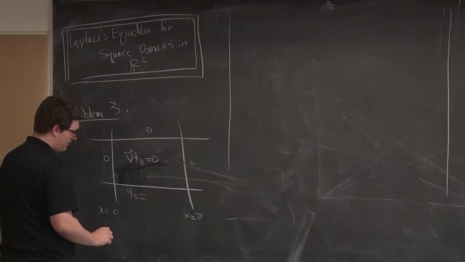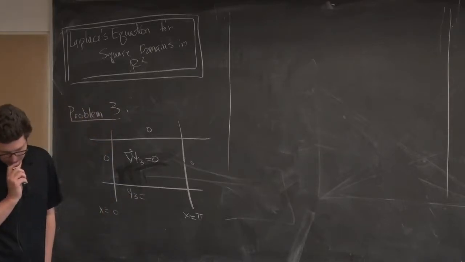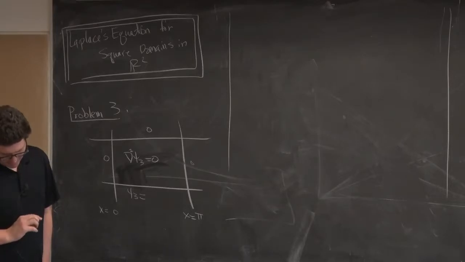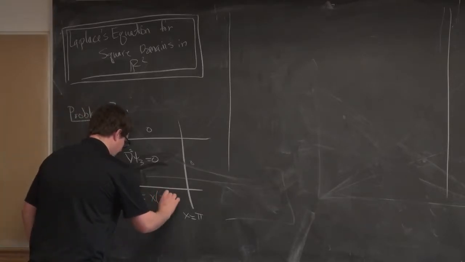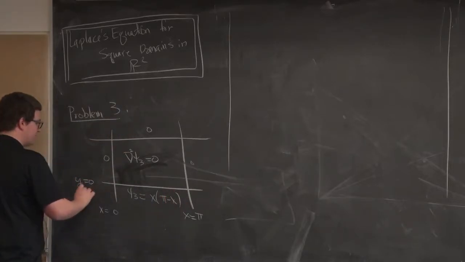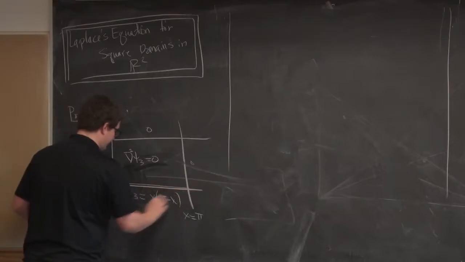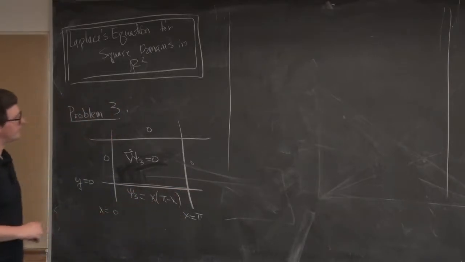We have to specify this for x, so this is x(pi minus x), and this is the line y equal to 0. Restricted to this line, we had this boundary condition.